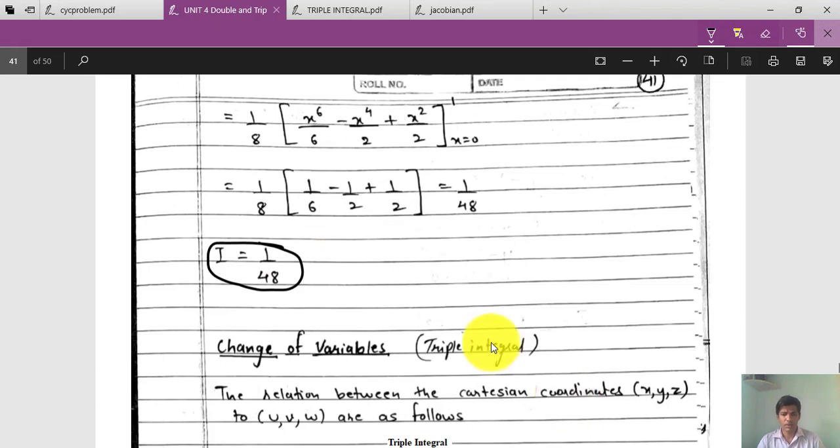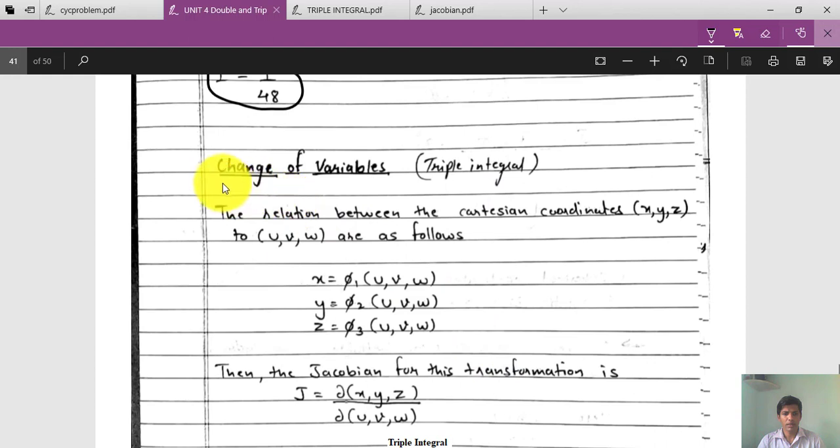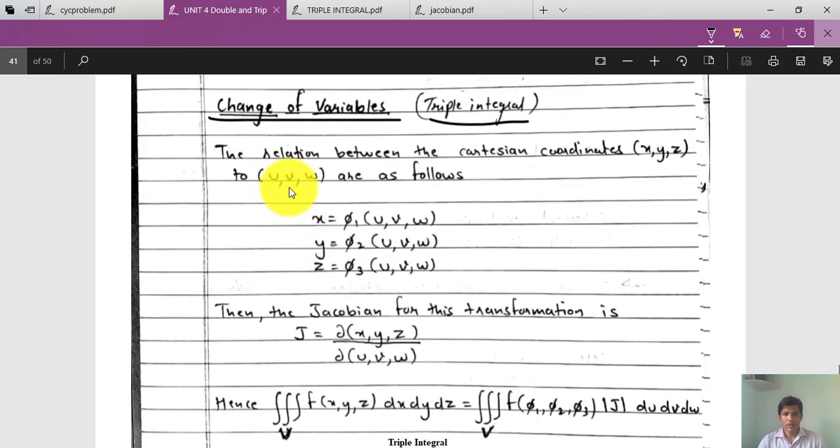Now we have an important concept. Same as what we have done in change of variables in double integral, we shall extend it with the same concept to change of variables in triple integral. Let us see the relation between the Cartesian coordinates x, y, z and u, v, w as follows.